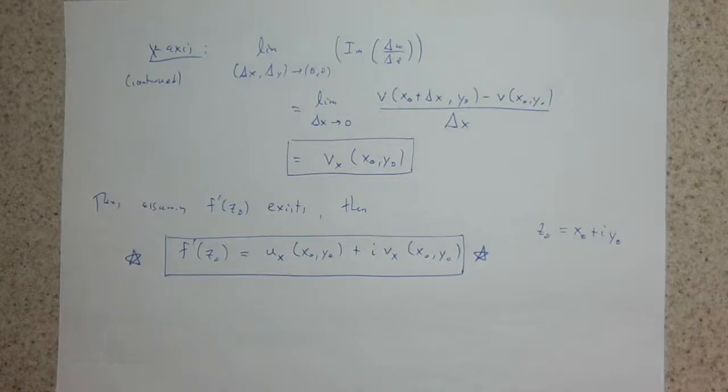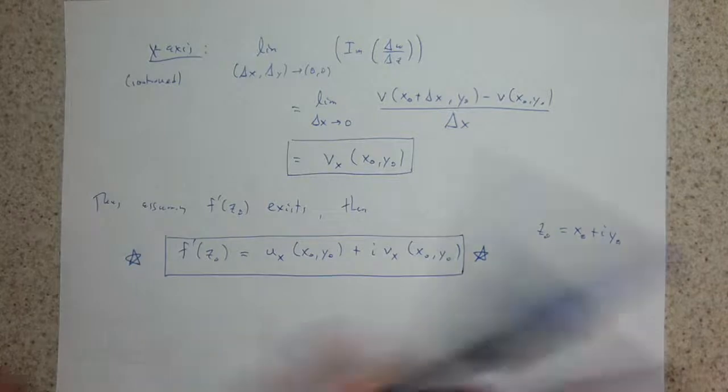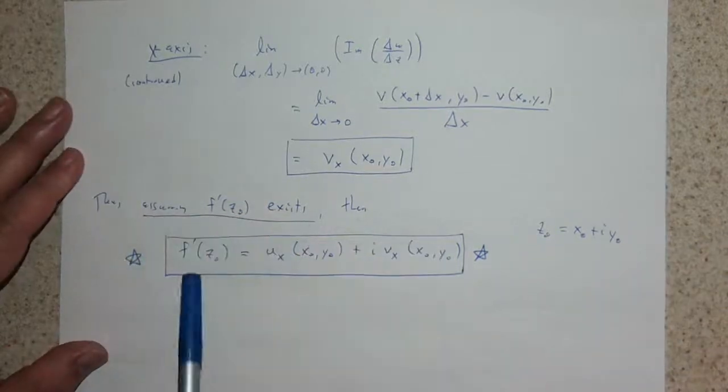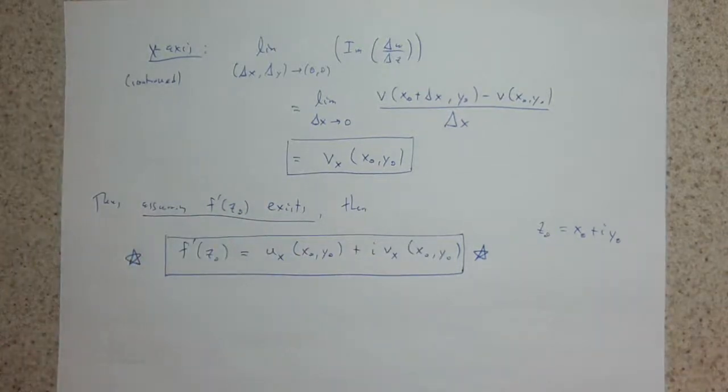So we're not done. It's true that assuming this thing exists, you can compute it in this way, but we're not just interested in that question. We're interested in coming up with some condition that guarantees that this derivative f prime z naught actually exists. And so in order to see what that condition has to be, we keep going.